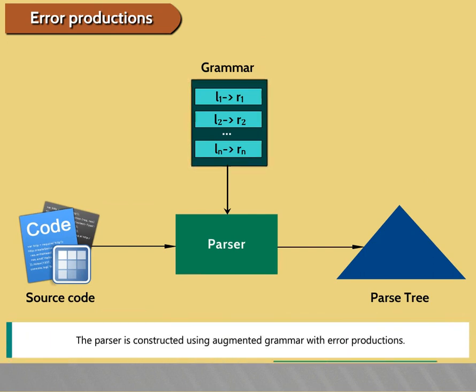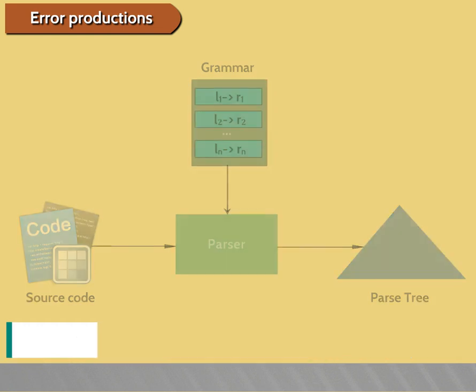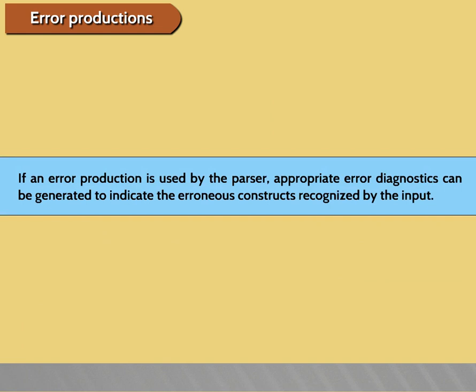The parser is constructed using augmented grammar with error predictions. If an error prediction is used by the parser, appropriate error diagnostics can be generated to indicate the erroneous constructs recognized by the input.